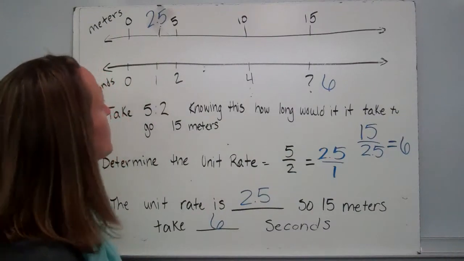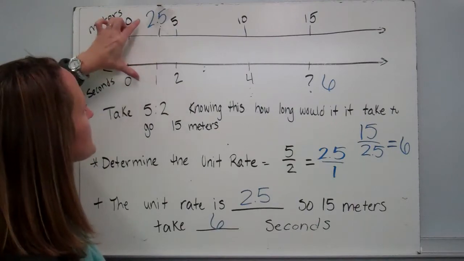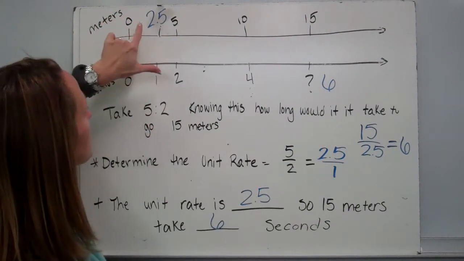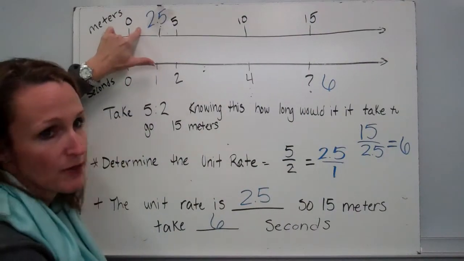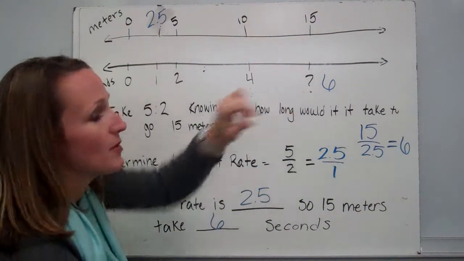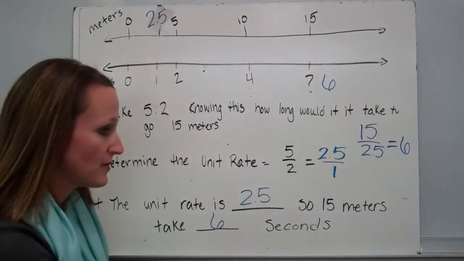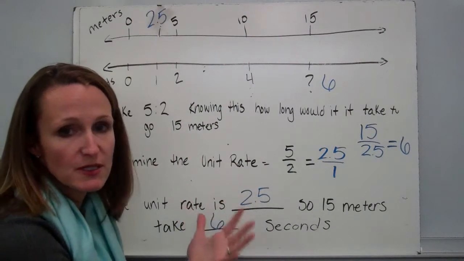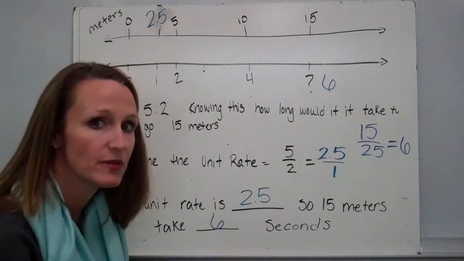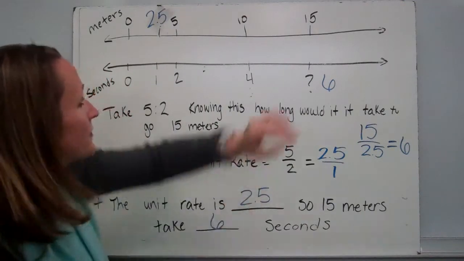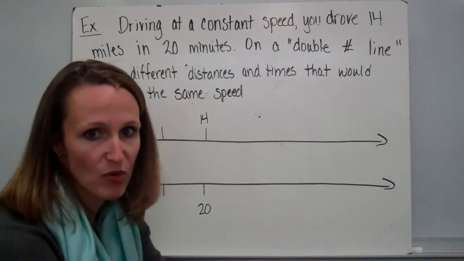Again, what I did was find out that for every 1 second we go 2.5 meters. Once I knew my unit rate, I was able to take the 15 and divide by my unit rate, and I found out that it would take 6 seconds to go 15 meters. So in doing this double line graph, I've applied what I've learned about ratios and about units and put it to work.